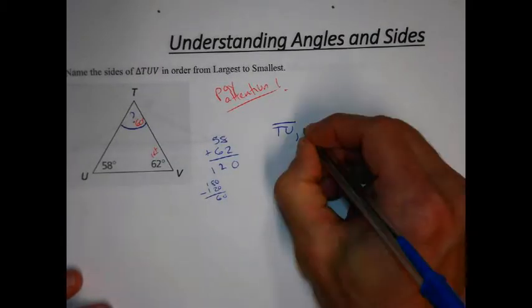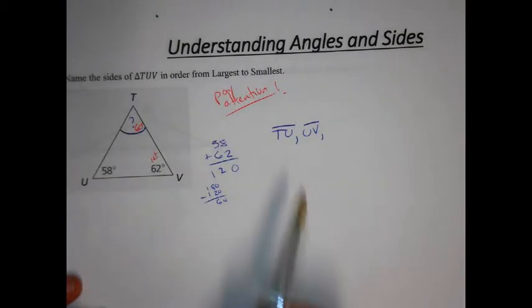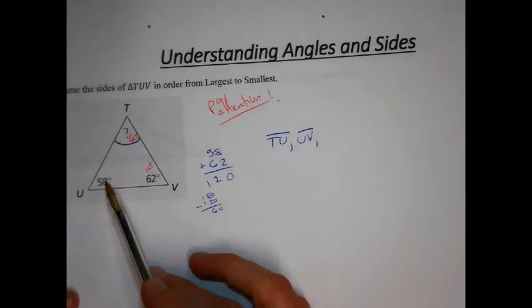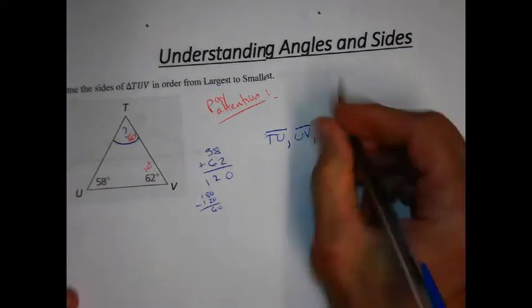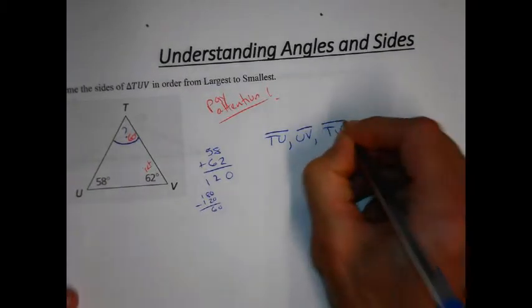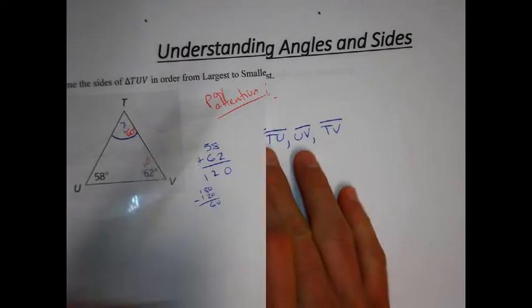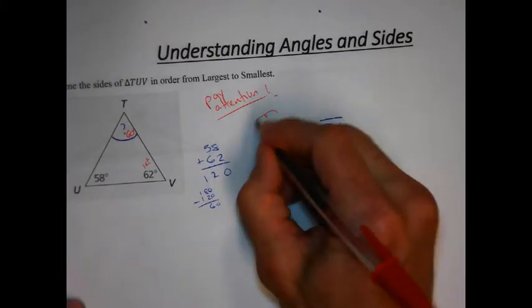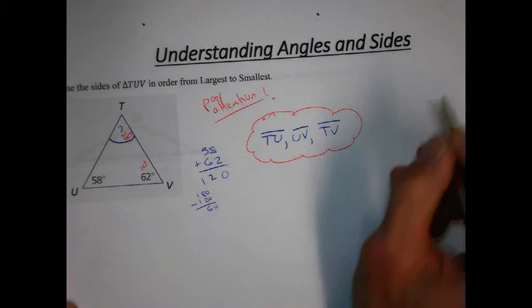So segment UV is next, and then that leaves 58 as the smallest angle, which means TV is the segment. So we have now ordered this from largest to smallest. It is so important that you pay attention to order because the order matters.